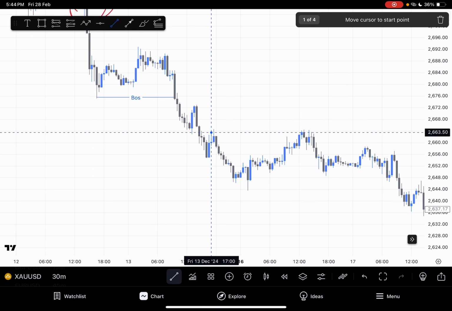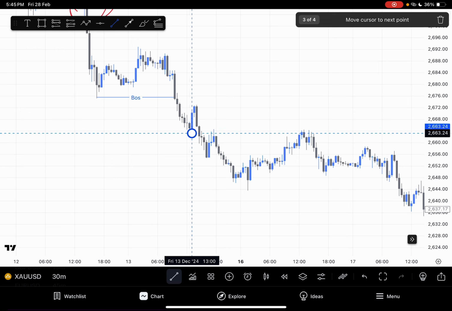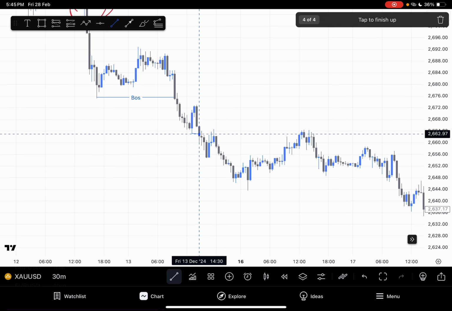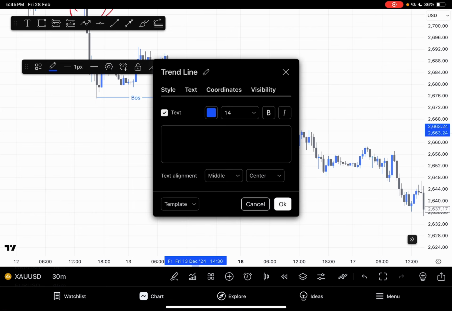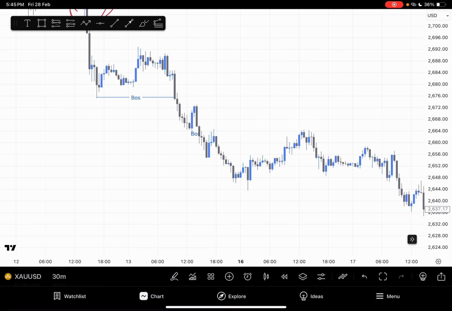So now on this point here, you can see the next break of structure. So you always have to keep marking every previous low. Each time price takes out every previous low for a downtrend, that's a break of structure.